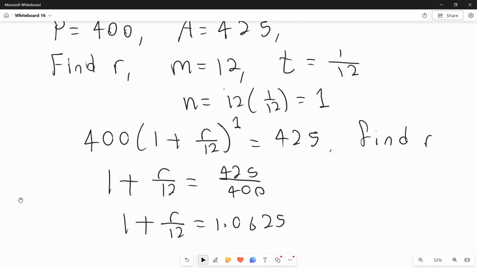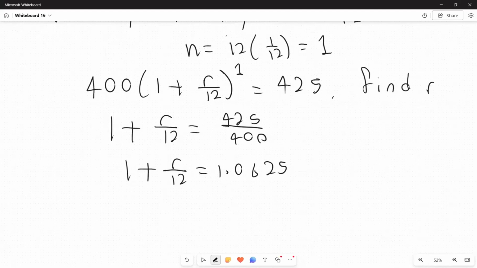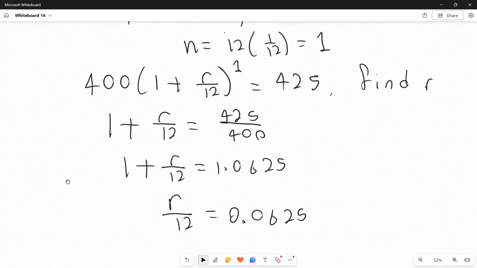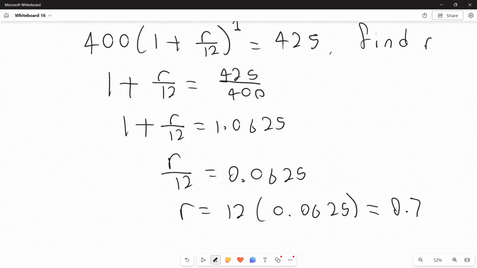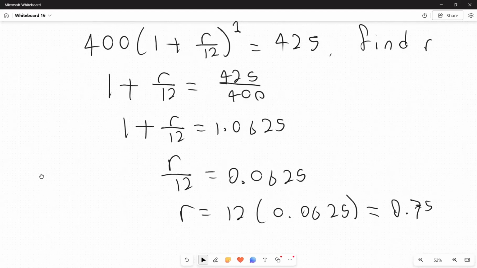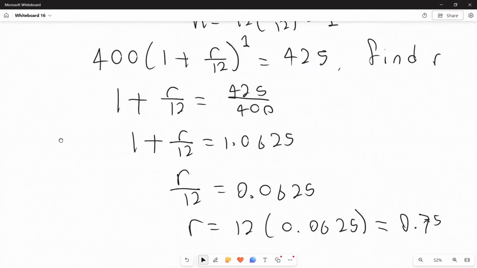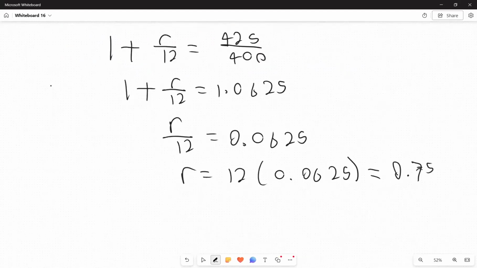Subtract 1 from both sides, and R over 12 is 0.0625. So the interest rate is going to be 12 times 0.0625. So when you multiply that, you'll find that this is 0.75. So the interest rate is going to be quite high. It's going to be 75%. So back to the question. The annual interest rate is 75%, which is a lot.